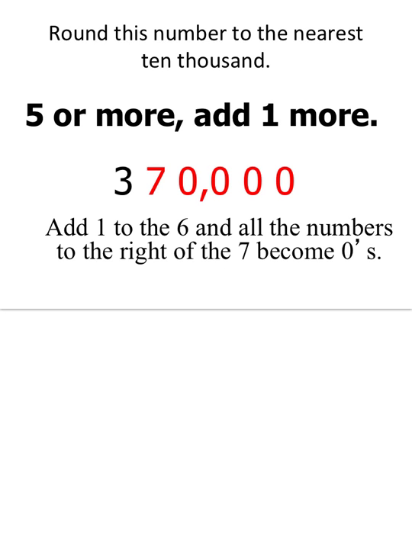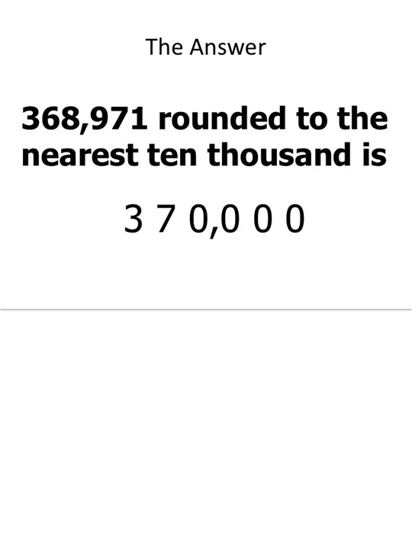If I add a 1 to that 6, the digit becomes a 7, and all the numbers to the right of that 7 become zeros. Don't forget the 3 that came before it, though. So 368,971 rounded to the nearest 10,000 is 370,000.